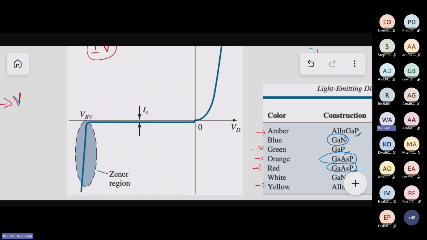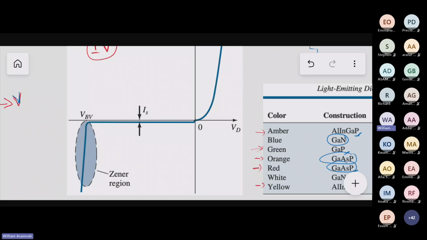But when you start increasing the voltage beyond 0.7 and you reach or exceed what we call the breakdown voltage, then the diode will just break down. It will crash. Within it, it will be destroyed. Then it will start conducting. Meanwhile, in the reverse mode, it shouldn't conduct.